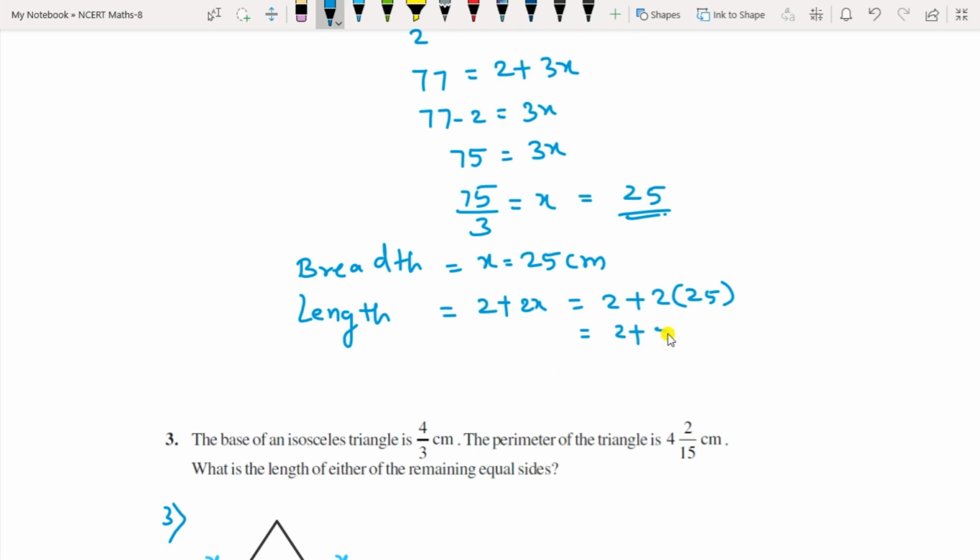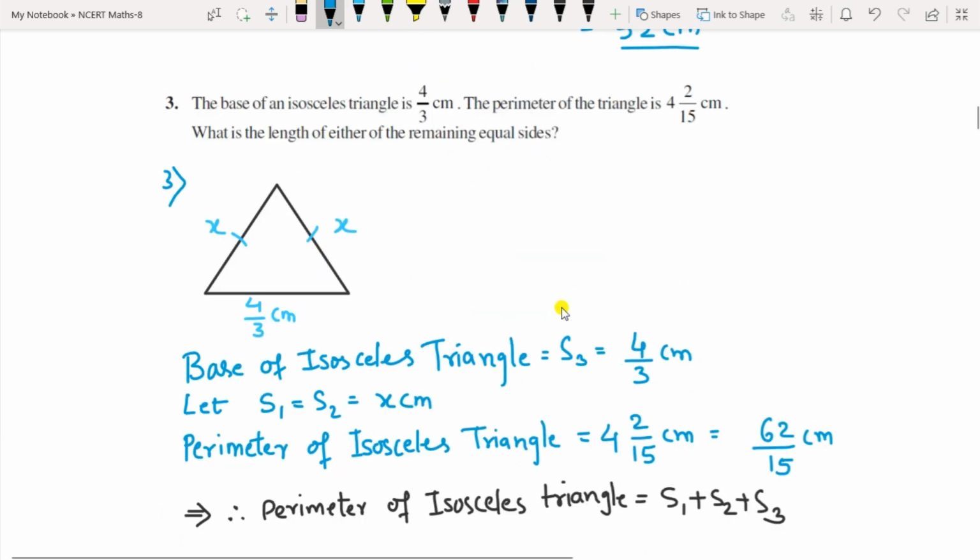It will be equal to 2 plus 50 equals 52 meters. So this is your length and this is your breadth.